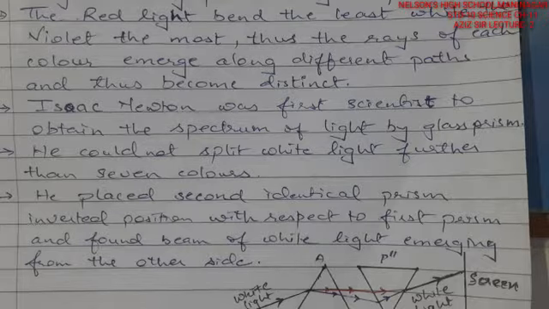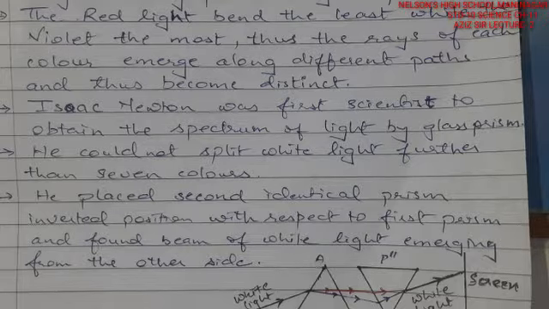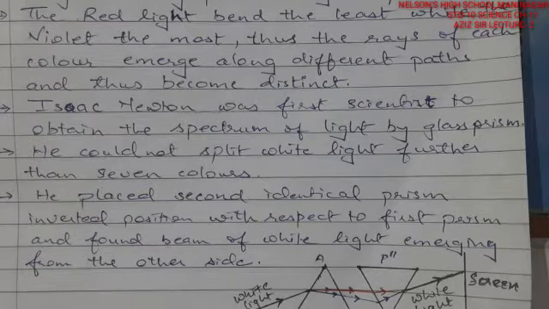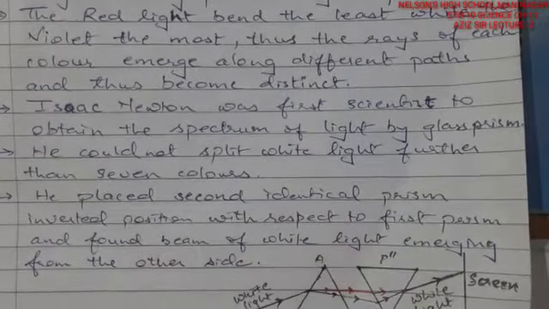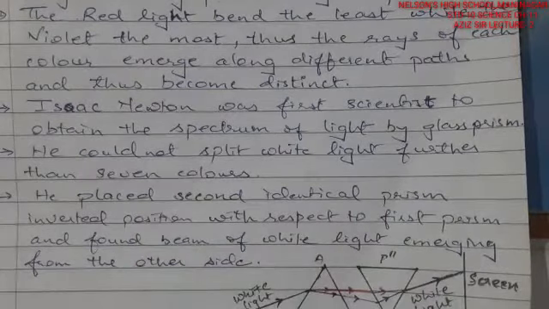Likewise, he passed each of the 7 lights, stopping the rest, and found that these lights do not split further. So he concluded that the white light could not be split further than 7 colors. This was an experiment he did.